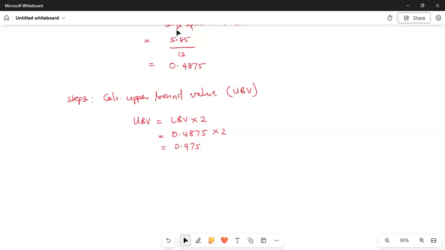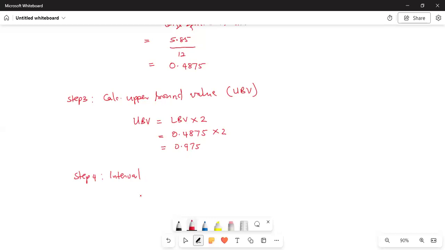Then, okay, people are also calculating alongside. So step 4. Interval.